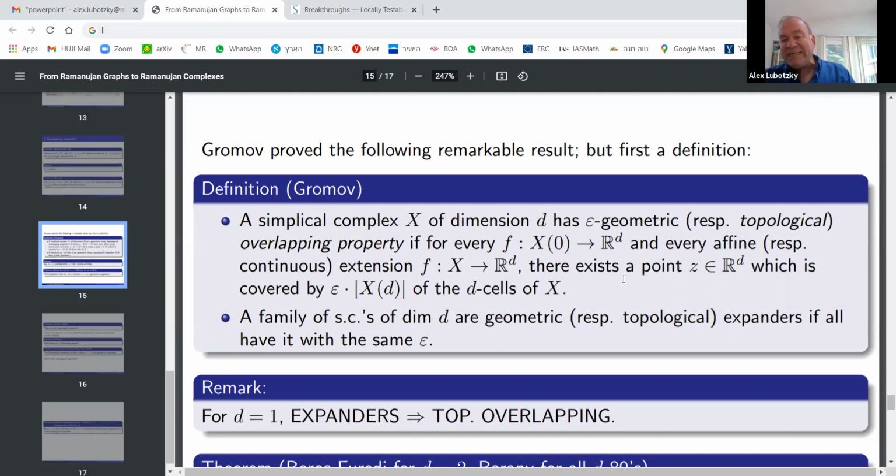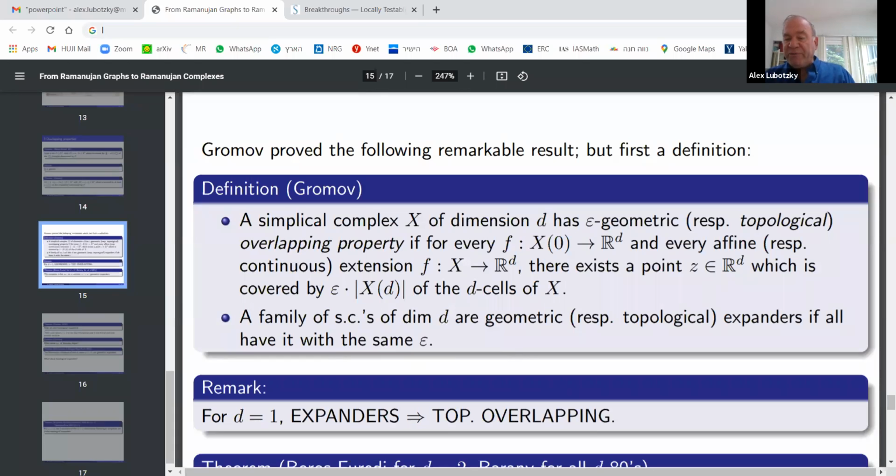And then he says there exists a point Z in R^d which is covered by at least an epsilon proportion of the images of the d-cells of X. And now for a family of such d-complexes, we'll call them geometric expanders, respectively topological expanders, if they all have this property with the same epsilon.